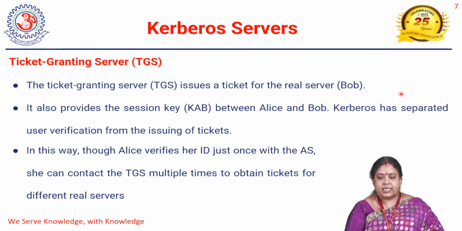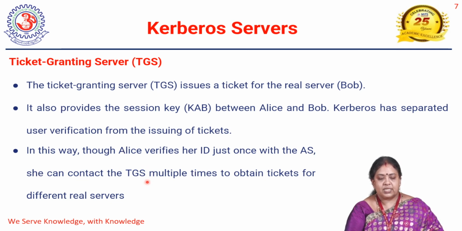Kerberos has separated the user verification from issuing the tickets. Access granting is given by the ticket granting server, whereas the verification is done by the authentication server. In this way, Alice verifies her identity just once with the AS. The user verifies its identity with the authentication server, and then can contact the TGS.